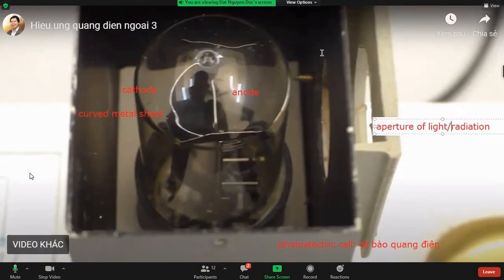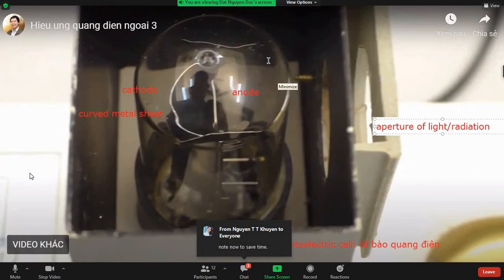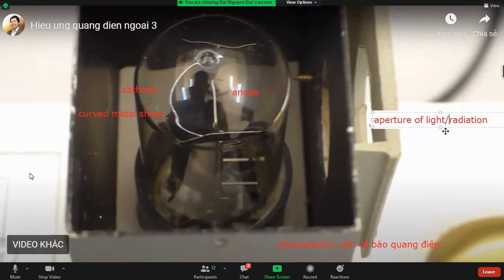Teacher, I think the hole contributes to the beam of photon current being concentrated on the photoelectric cell. Yes, it can.